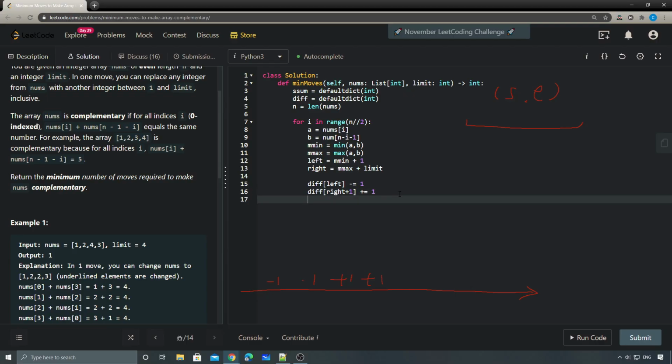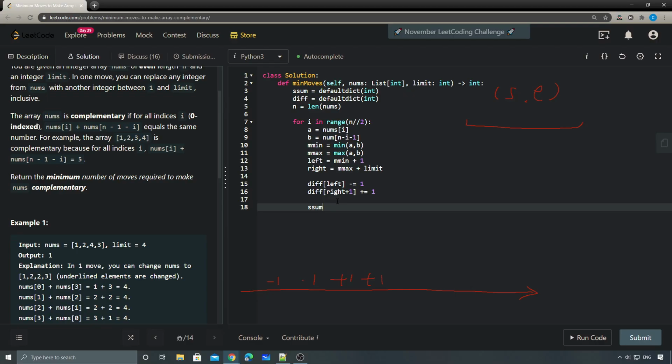And another thing we also need to do, that's why I use the sum here, is that we're only considering the one move case, but there's also a zero move case, which is whenever the sum is equal to the sum of a and b, then we don't need anything.